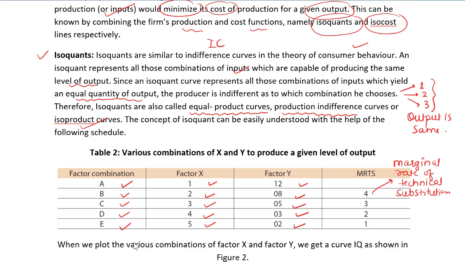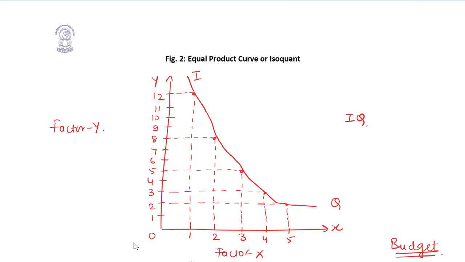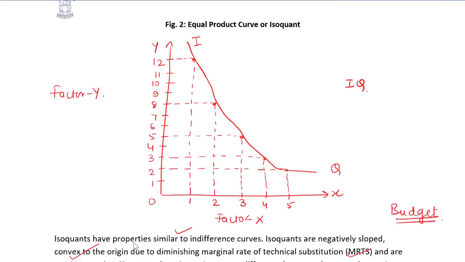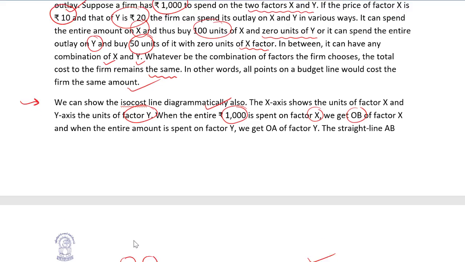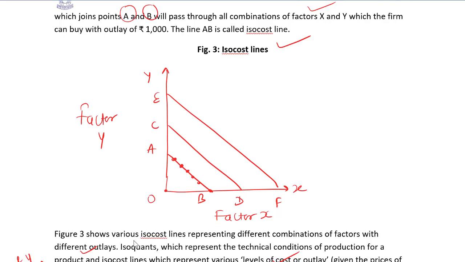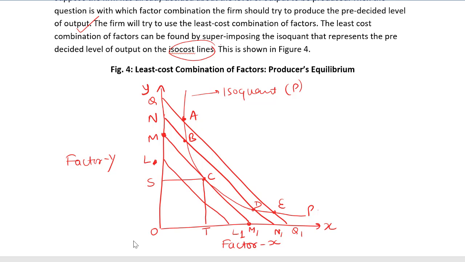We have seen two concepts, that is isoquants and isocost. This is the isoquant, the equal product curve or IQ curve, and then we have seen isocost, which is also known as equal cost line, budget line, isocost lines. Now the best combination could be on the isocost line, but we also need to see the company's budget.